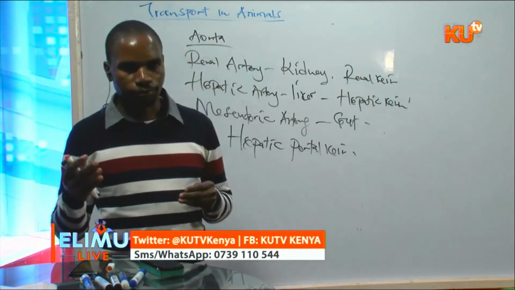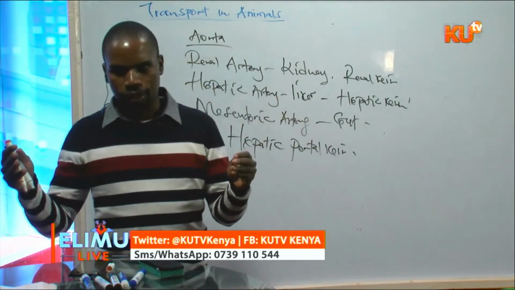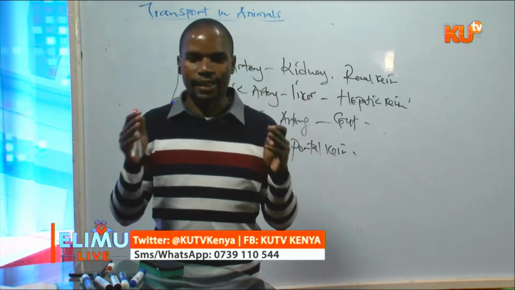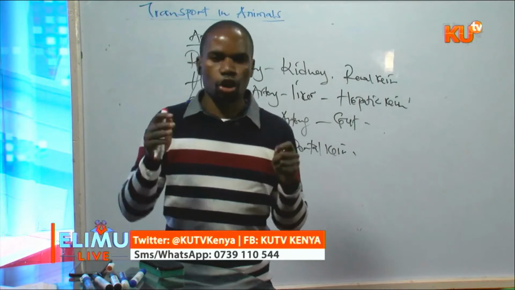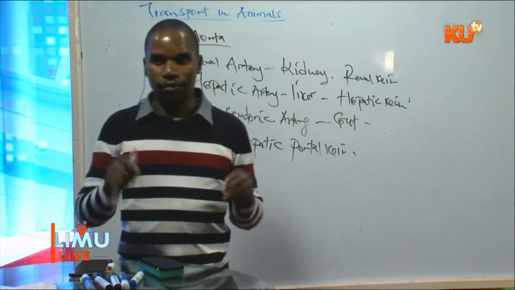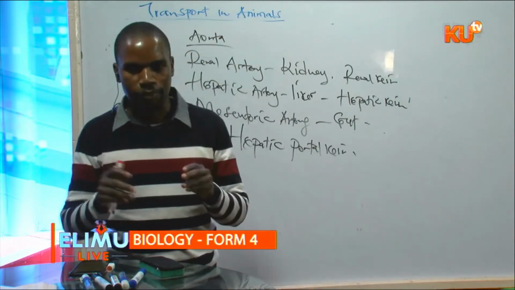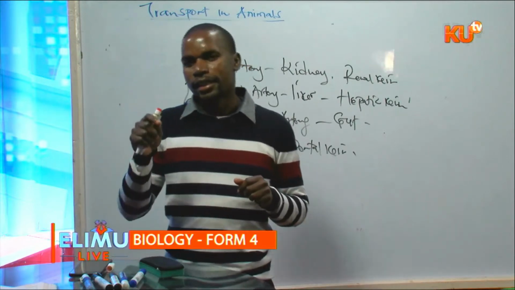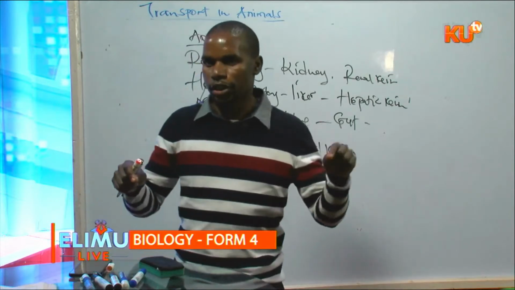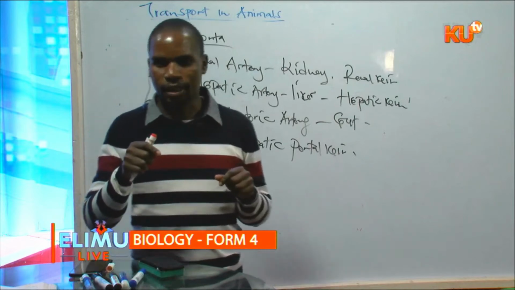A point to note is that the atria, both the left and the right, contract and relax at the same time. Also, the ventricles, both the right and the left, contract and relax at the same time. What I mean is that there is no way the right ventricle can contract while the left ventricle is relaxing. Blood flow within the heart is a systematic occurrence.